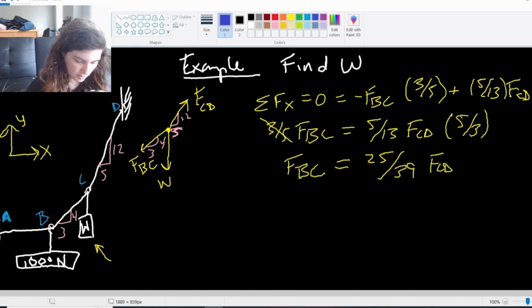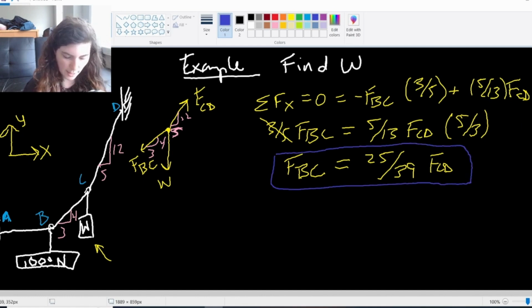I'm going to go ahead and just highlight him in blue so I don't lose him, because I'm going to need to come back to this.